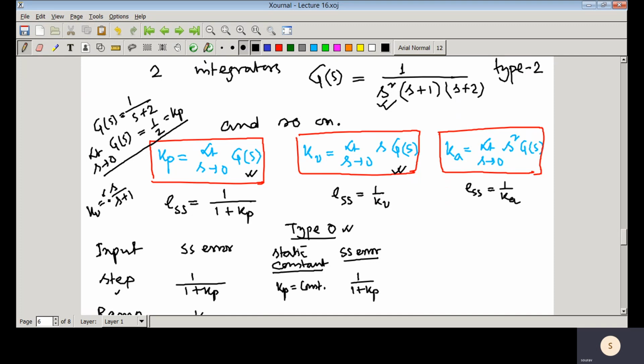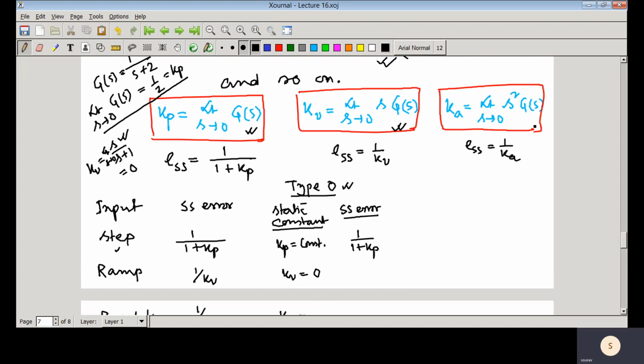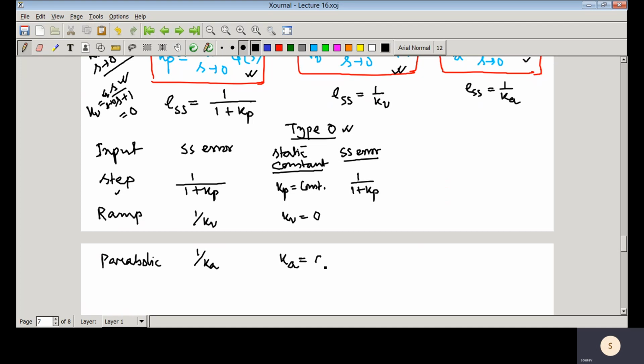Now if you apply limit s tends to 0, as s is in the numerator, Kv would be equal to 0. So Kv is equal to 0, and similarly, as it is s squared into Gs, that constant would also be equal to 0.